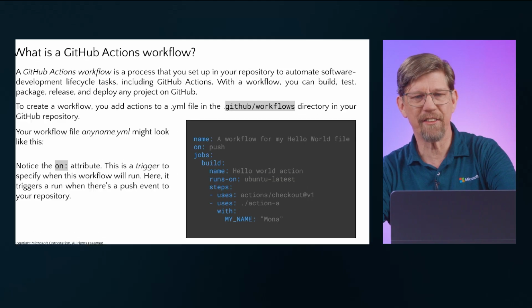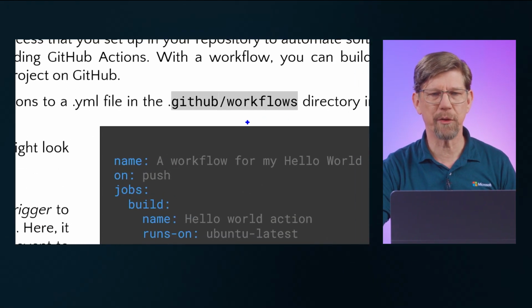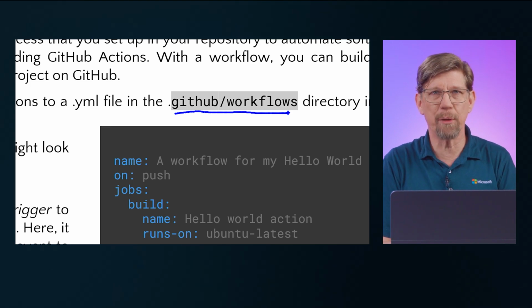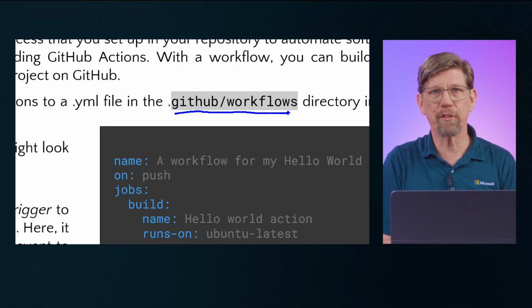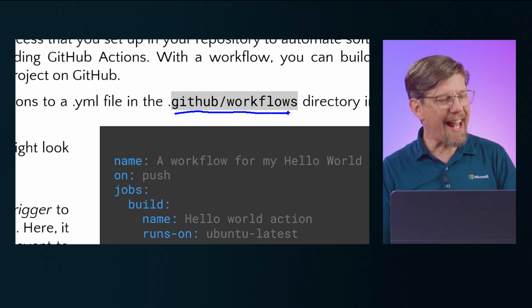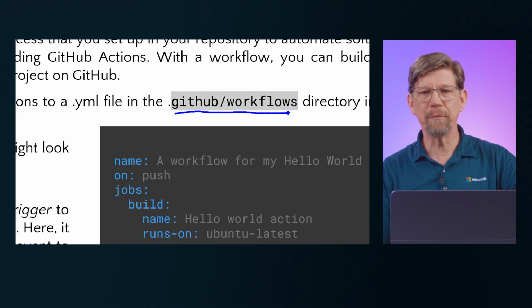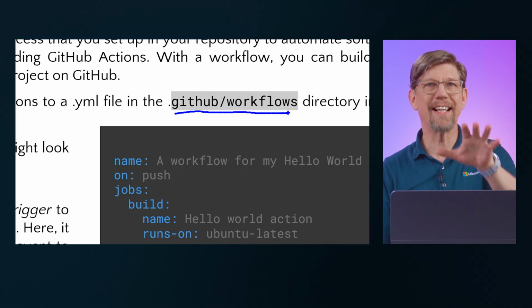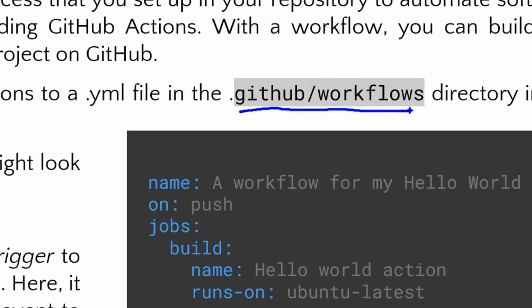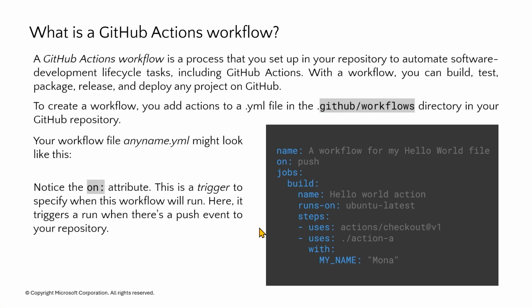There is a very specific directory that we're going to be looking for, and that is the .github/workflows directory. Anytime you commit a YAML file into that particular directory, GitHub Actions says, I know what that is. I'm going to be taking a look at that. And so this is one very small sample.